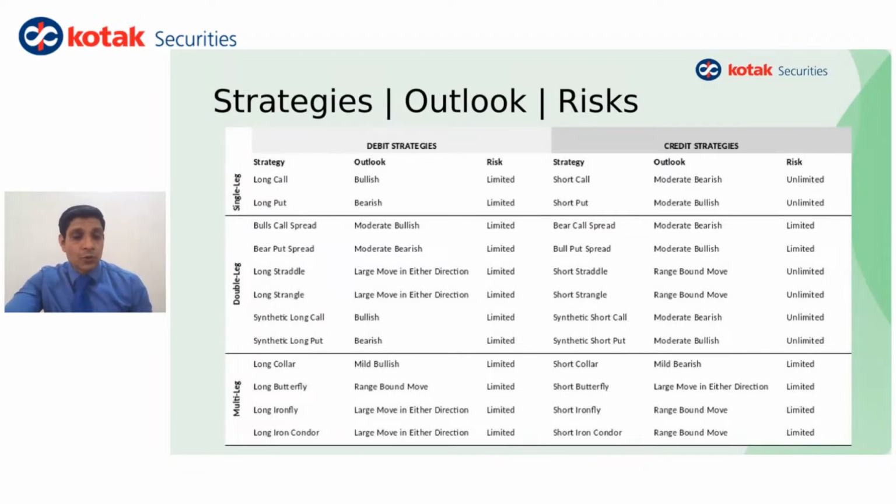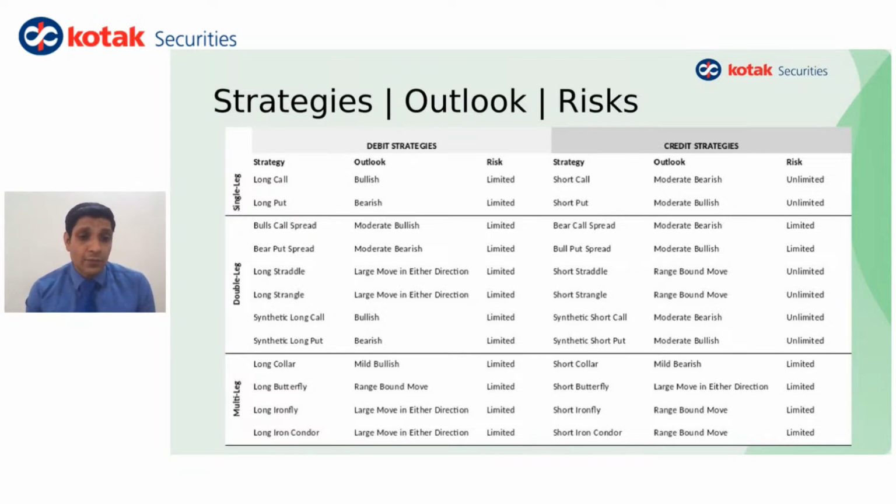Now, this is a summary of all the strategies that people usually tend to trade on. These are categorized by single leg, double leg, and multi leg, and again whether they are the debit strategy or the credit strategy, and what the risk profile is.